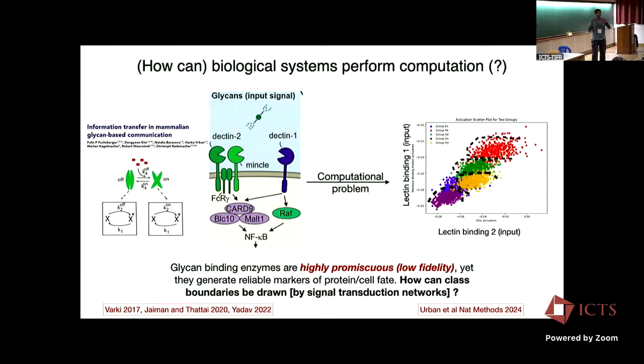Akshit asked this question of what happens in higher dimensions, and this is just the slight generalization of it. I have this input, and I want the system to be able to draw out one boundary here, another boundary here, another boundary here, another boundary here. And I want to be able to ask, if you're given a signal transduction network and you want to do this process, what kind of crosstalk, what kind of connectivity do you need to be able to do this thing?